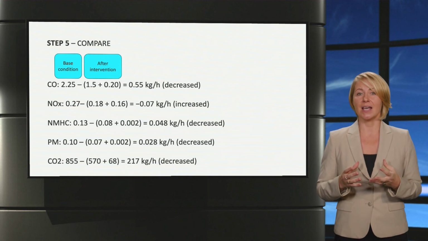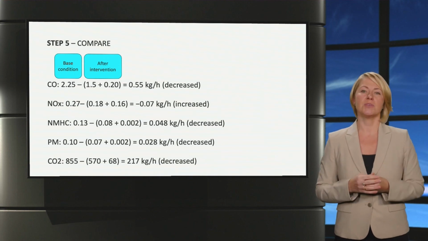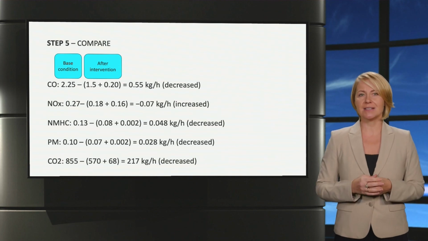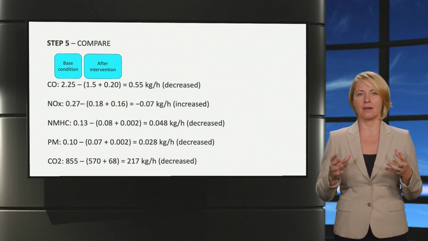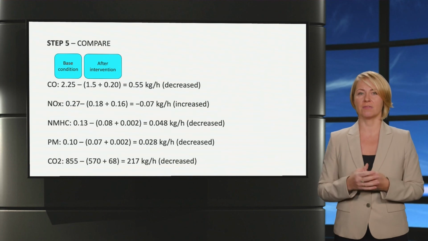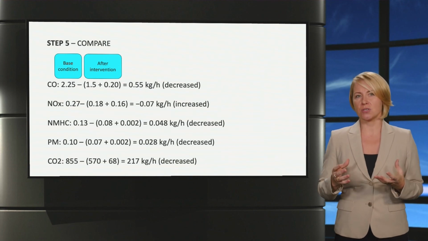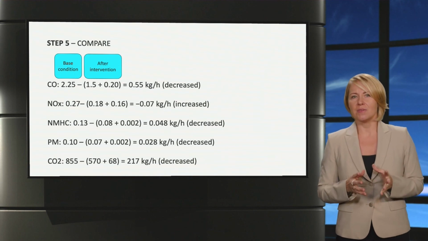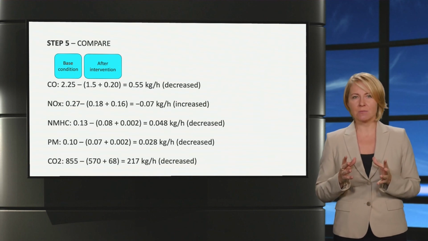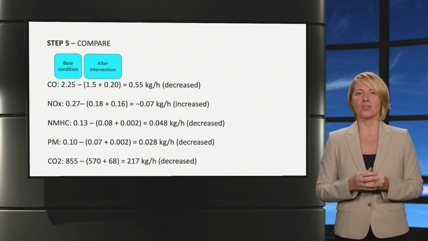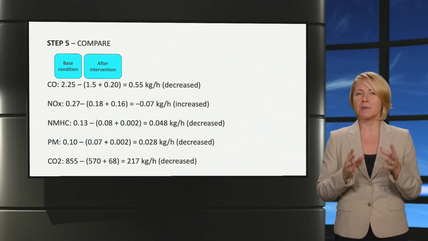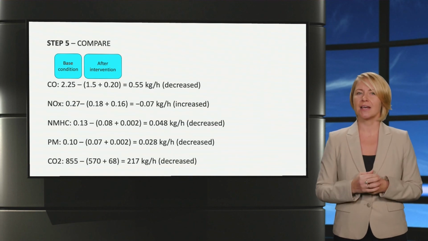It can be seen that there was an increase in the emissions of NOx in mass per time unit and a decrease in the emissions of all the other air pollutants with the introduction of the bus lane. We have observed total reduction in air pollutant emissions even though the emission factor for diesel buses is higher than those for gasoline cars. As you expect, the results would be much different if the bus was electric.